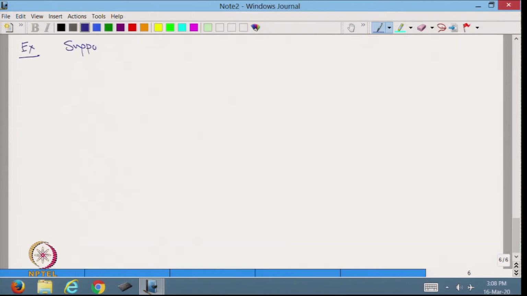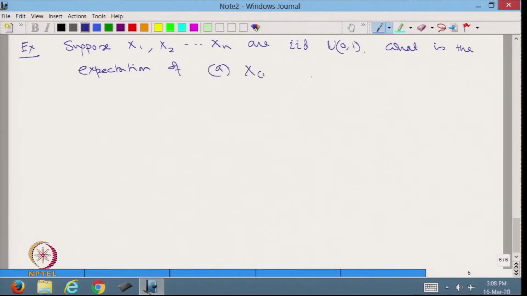Suppose X1, X2, ..., Xn are IID Uniform(0,1). What is the expectation of the range, that is, of Xn minus X1?